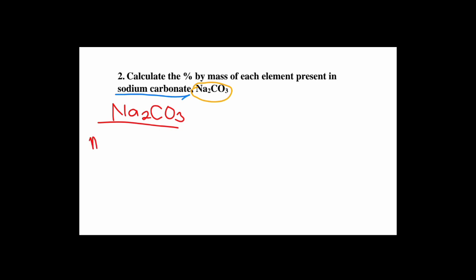So we are going to say molar mass equals, we have 2 atoms of sodium, so 2 times the atomic mass of sodium, which is 23, plus we have carbon there, just 1 atom, so 1 times the atomic mass, which is 12, plus oxygen, we have 3 atoms times 16.